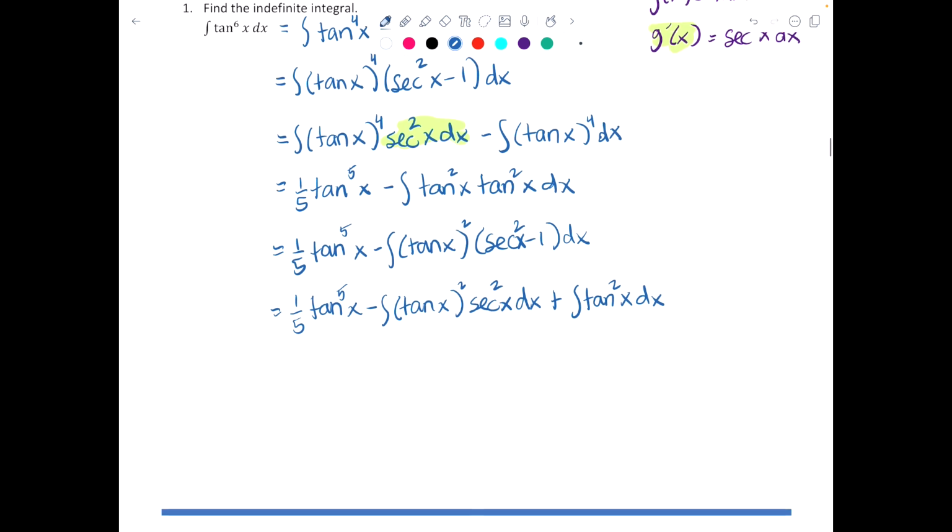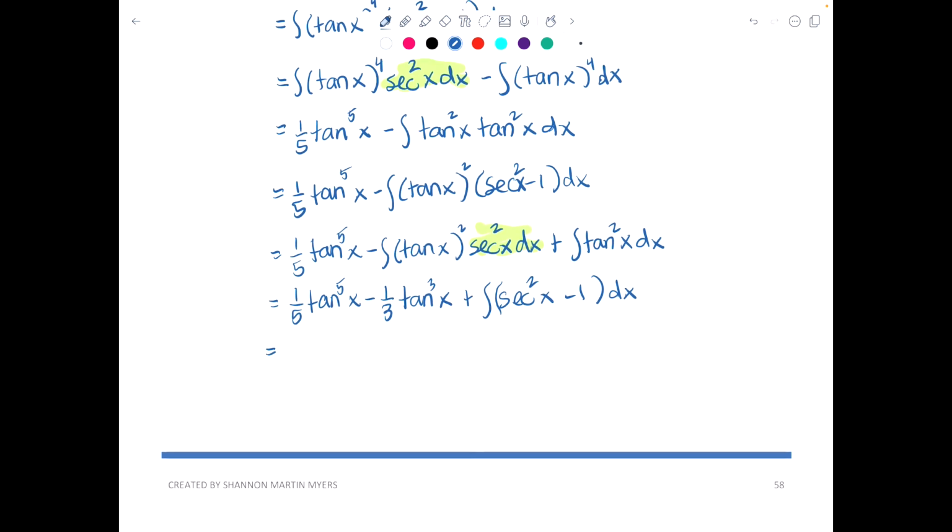So now we can evaluate that first integral, that second term. That's going to be 1/3 times tangent cubed at x. And again, here it's that same g prime. And now we've got to change this in terms of secant squared at x minus 1 dx.